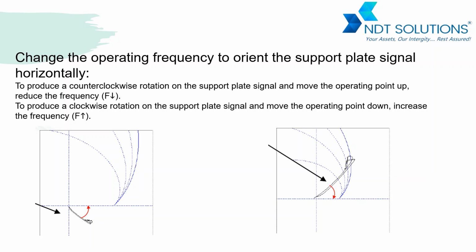If your support plate lies here, we need to decrease the frequency. And if your support plate is coming in this direction, we need to increase the frequency to bring it down.